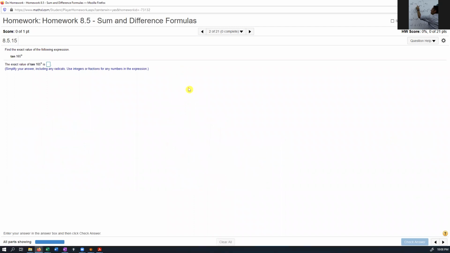Okay, same thing, but with tangent now of 165. So tangent of 165 degrees. We need to look at this as a combination of common angles. So let me see. What can we add together? 90 and 75, it's not going to work. 180 take away 15, I'm not seeing it. 165, where are we?